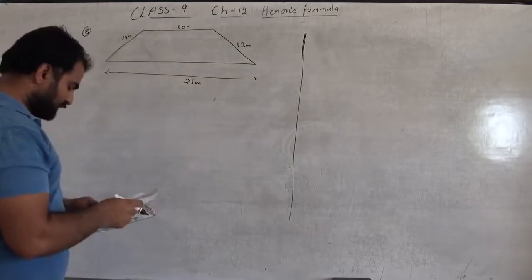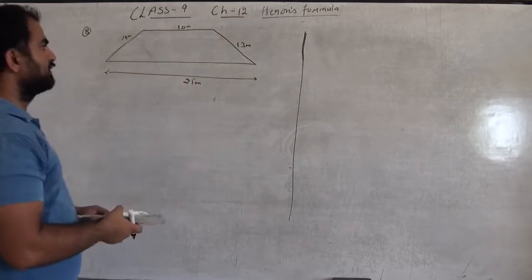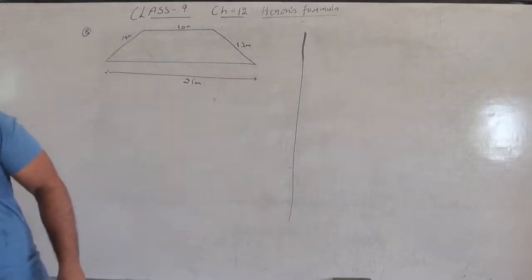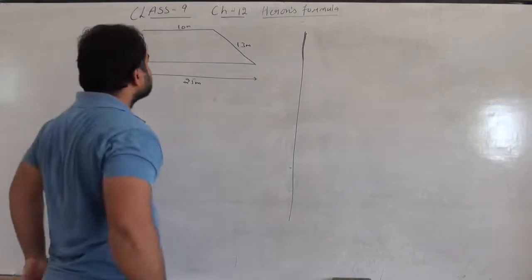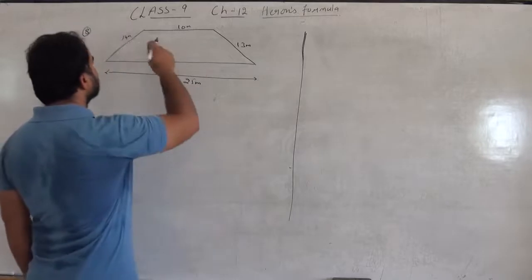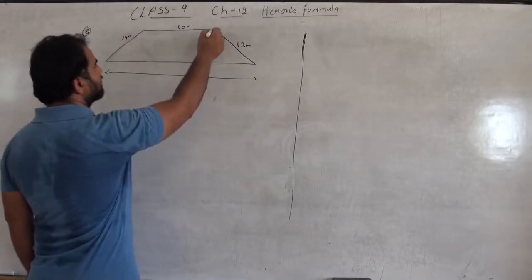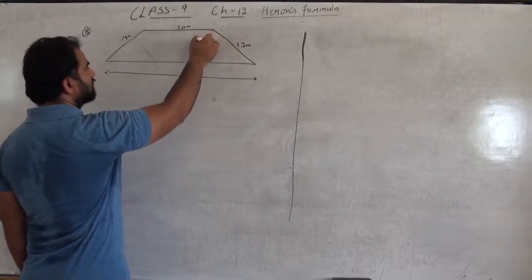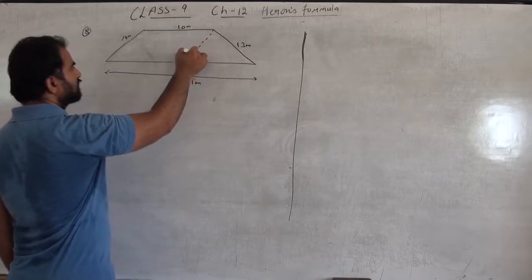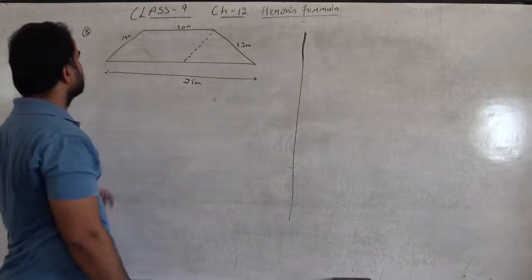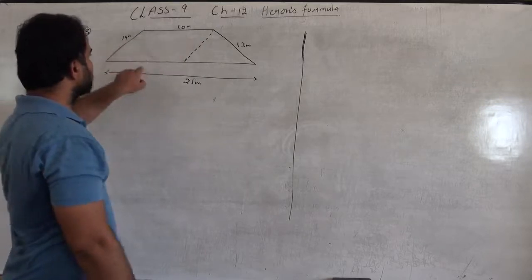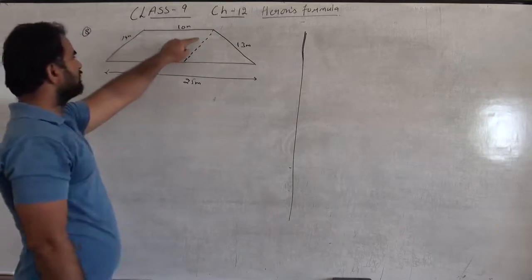Now we have to find the area. To find the area, we just draw a line parallel to this line. This line is parallel to this and this line is parallel to this.